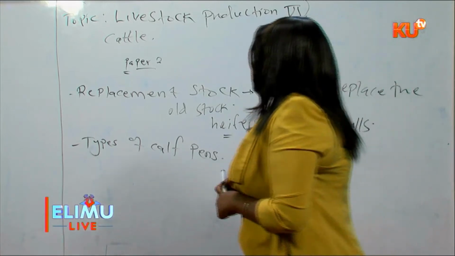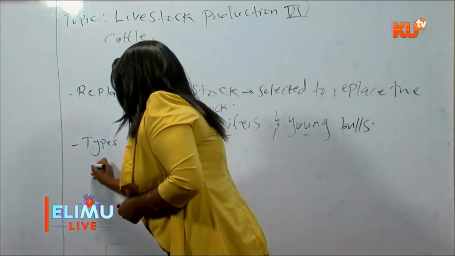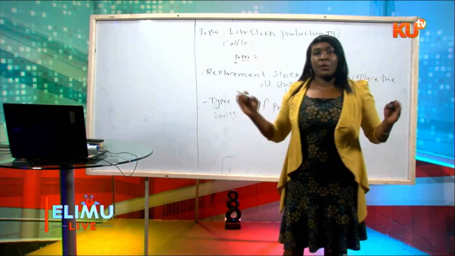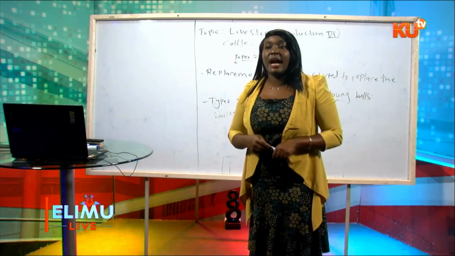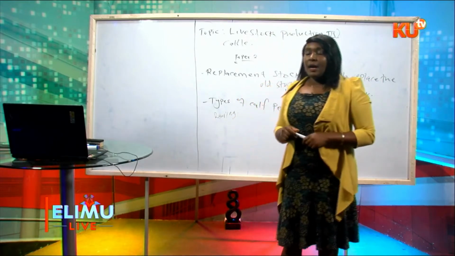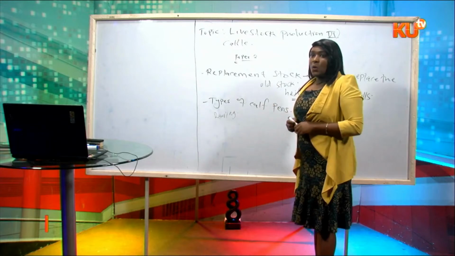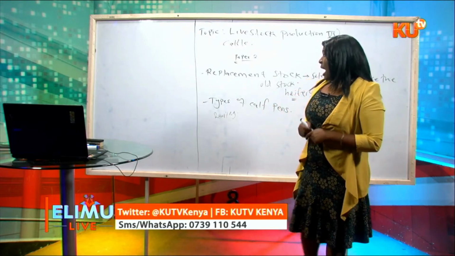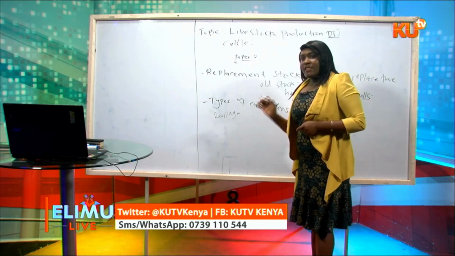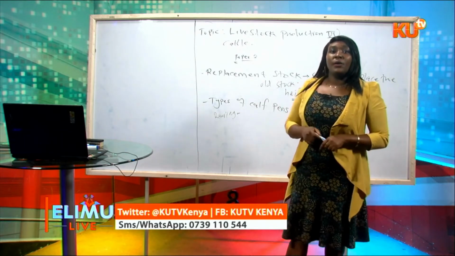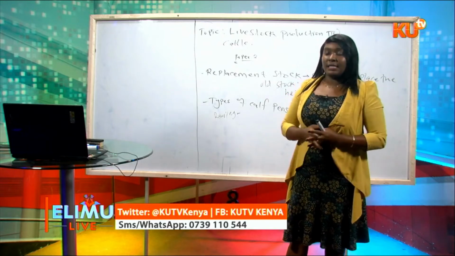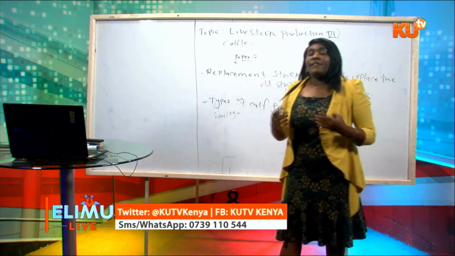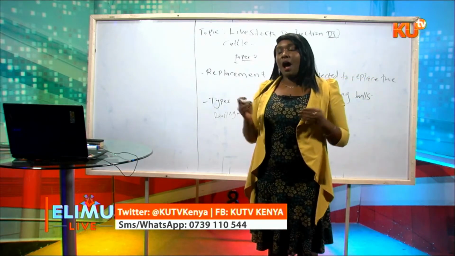This is because when you're talking of rearing, rearing is a very broad aspect of bringing up animals. It is like bringing up a young child. And therefore, one of the aspects of rearing cattle, you realize, is good housing. A calf pen is where the calf is housed, where these heifers are housed.